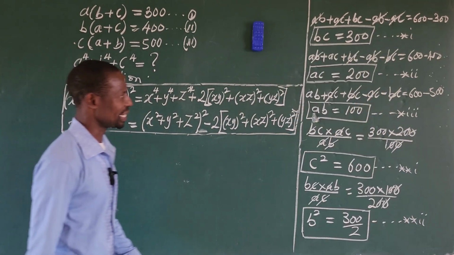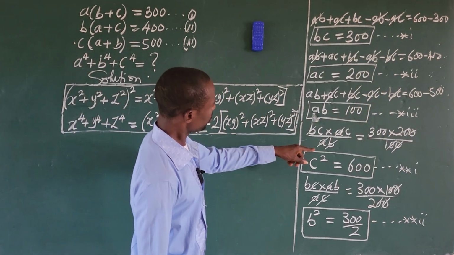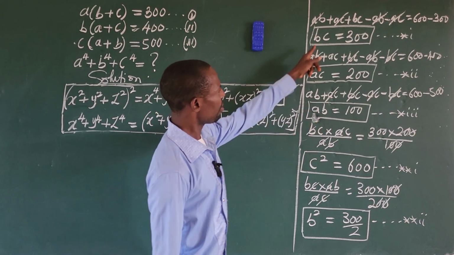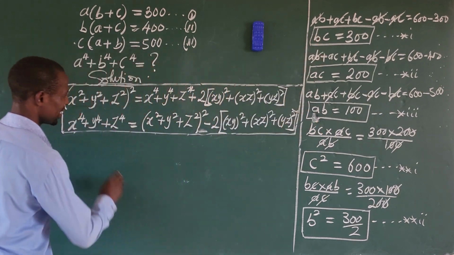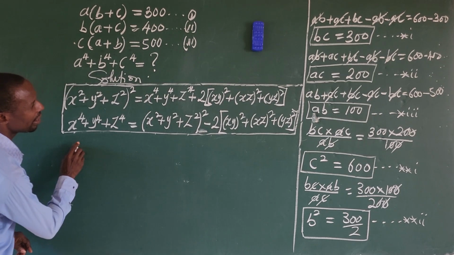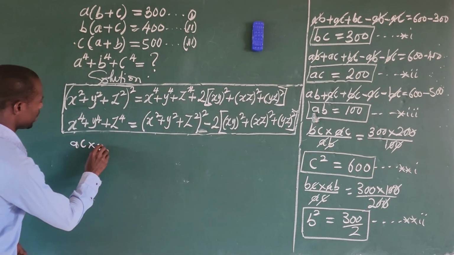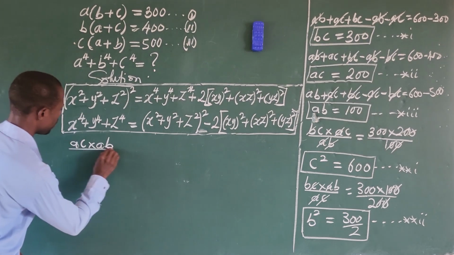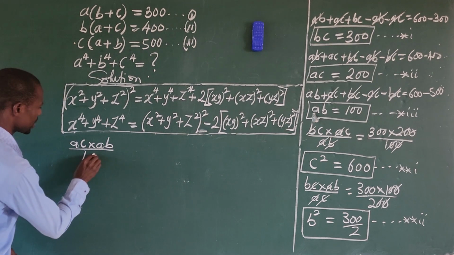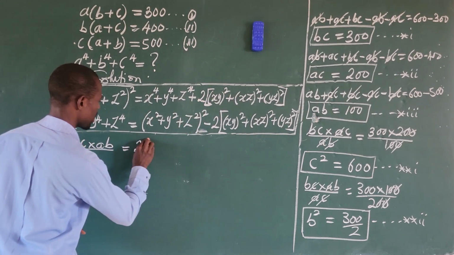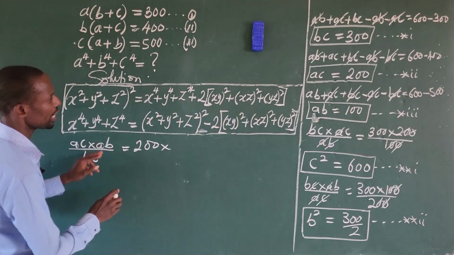Okay. So what will be the next step here now? It's easy. We're going to take our AC times AB, then all over BC. This is going to give us AC times our AB all over our BC, which is equal to, what is our AC? It's 200 times, what is our AB?